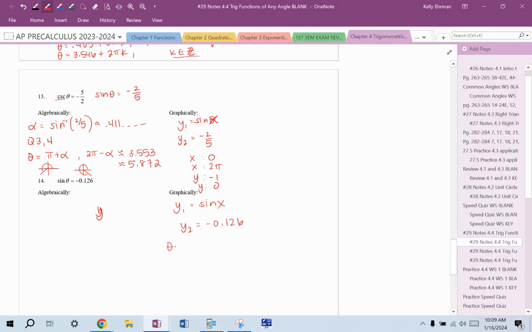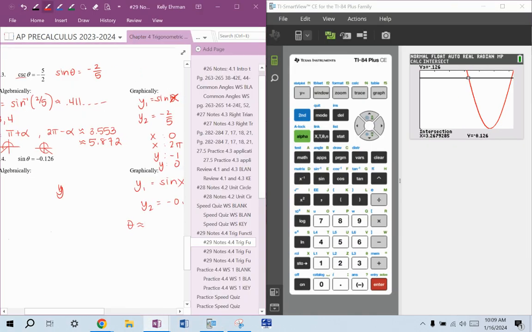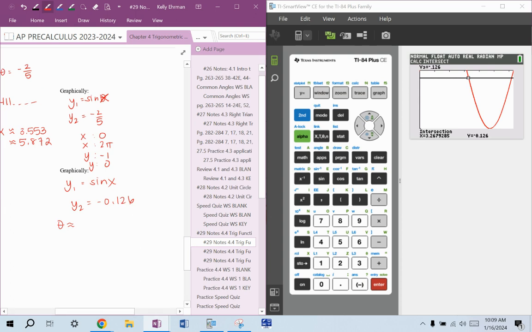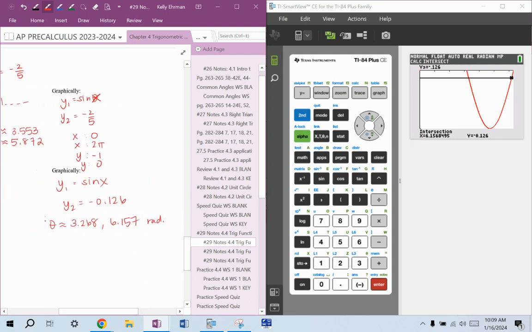So we get that theta is about equal to 3.268 radians, and I forgot to hop over to the other one. So here I know I'm closer to the right side, so enter, enter, enter. 6.157. Those would have labels of radians if you want to put labels on, but you don't have to.